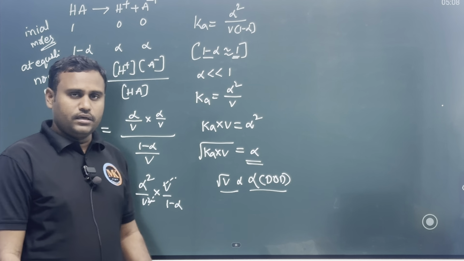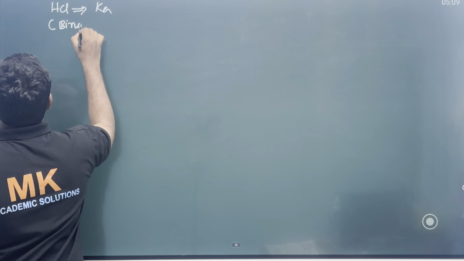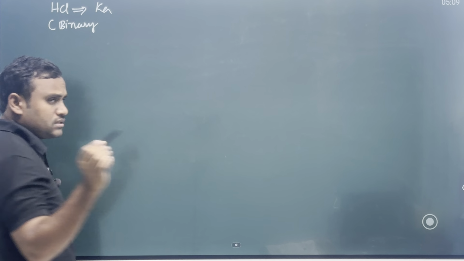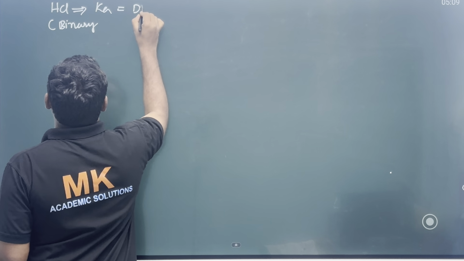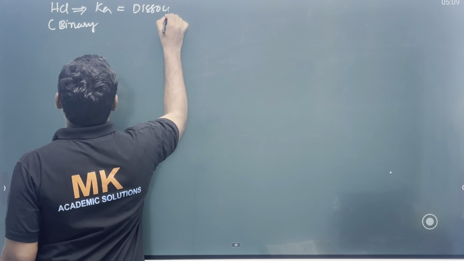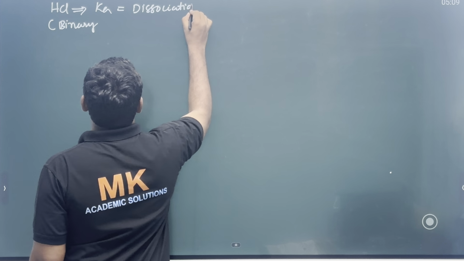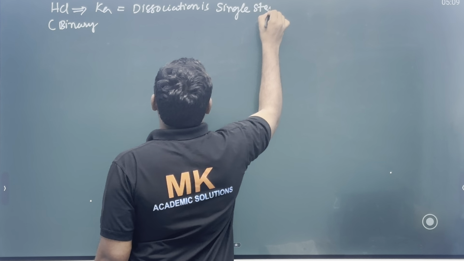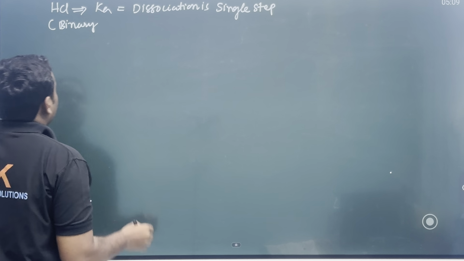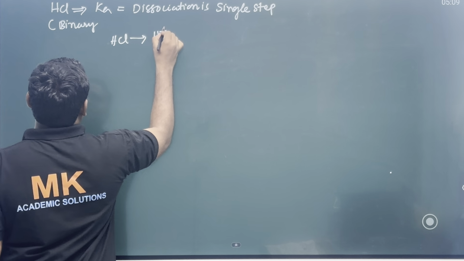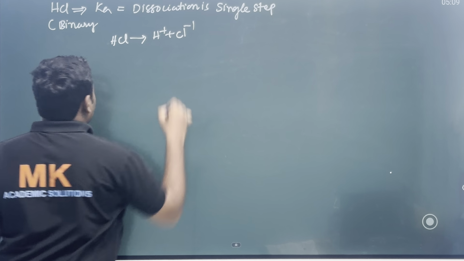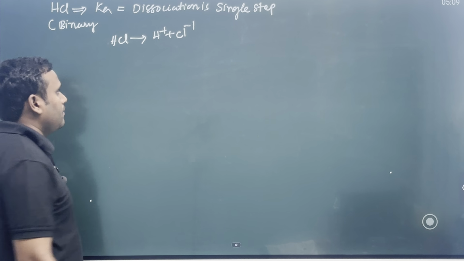Because it is binary, so dissociation is a single step only. HCl dissociates as H plus and Cl minus.